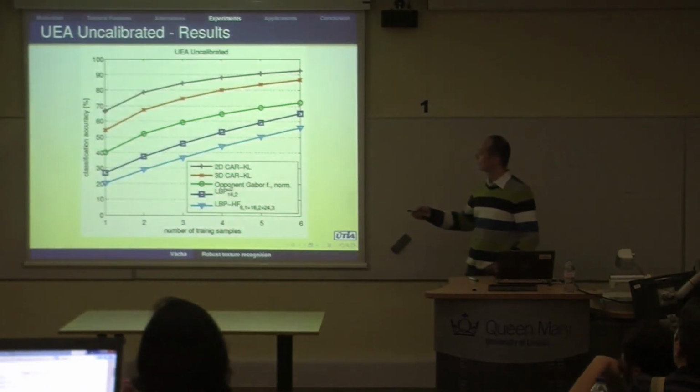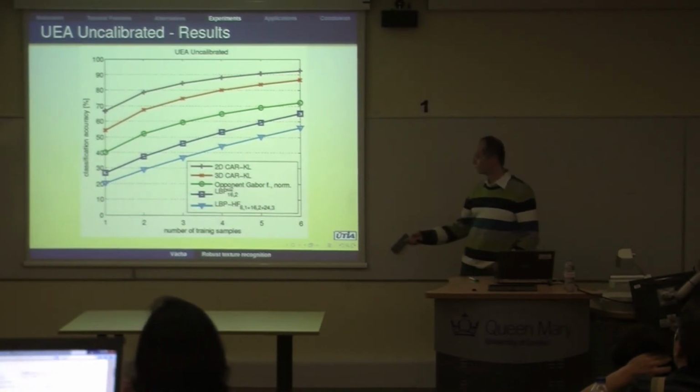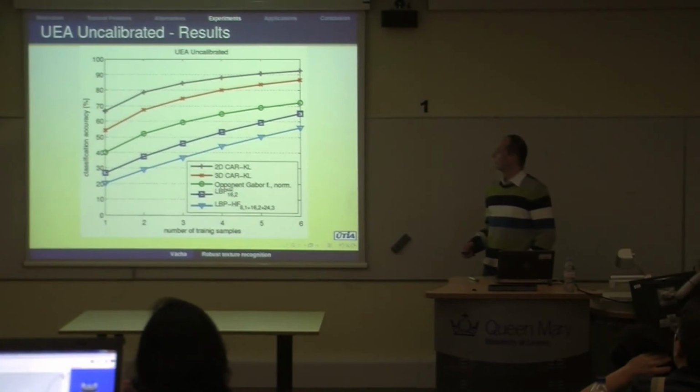Okay, so here are the results. Our results, which are in purple and red, go from 70 to 90% accuracy for different numbers of training samples per each material. In this case, LBP features, which usually work pretty well, kind of failed.